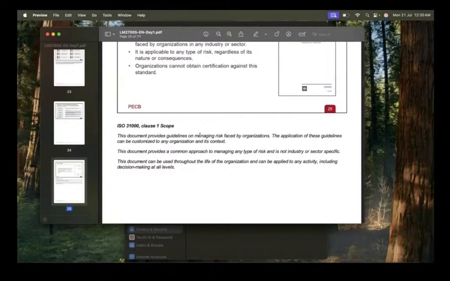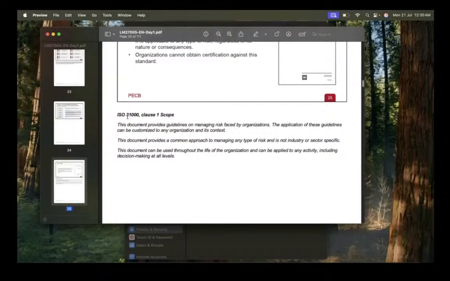As we discussed the scope of 27001 and 27005, similarly we are going to discuss the scope of 31000, how it is relatable and how it is different from the other two.